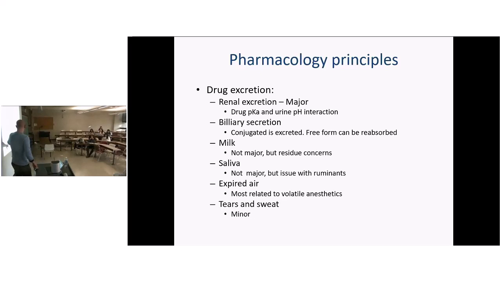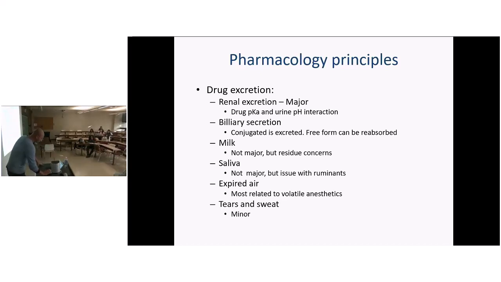And tears and sweat, to be honest, don't even have enough volume to actually excrete a lot of that. You do have saliva in some species, such as the ruminants. You produce a boatload of saliva every day. Obviously, milk, you produce a lot, so you would have the volume to excrete stuff. Expired air is very specific, and tears and sweat, not even close.